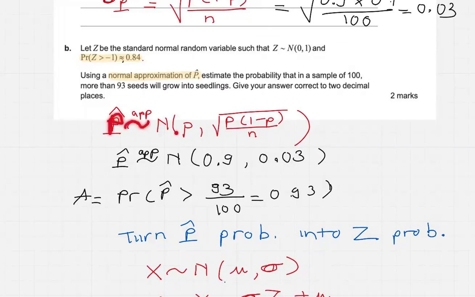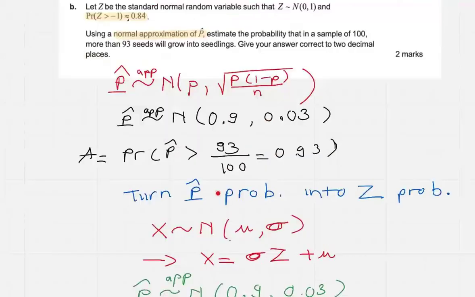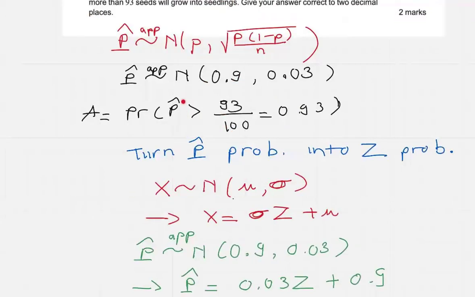The mean is always the population proportion, and the standard deviation is always the same. Then the next step is just a matter of being able to convert between the probability of p hat and the probability of z so that we can answer the question.